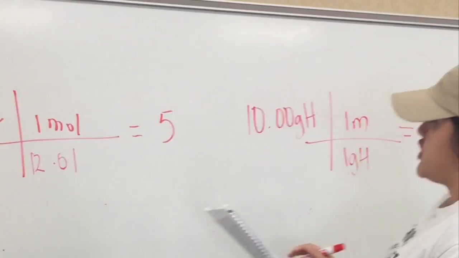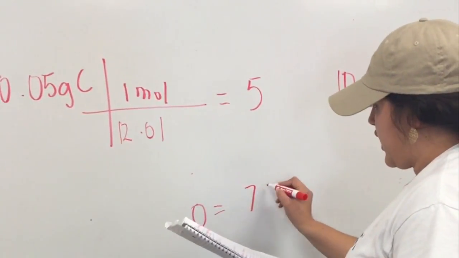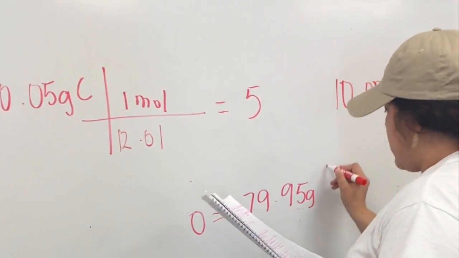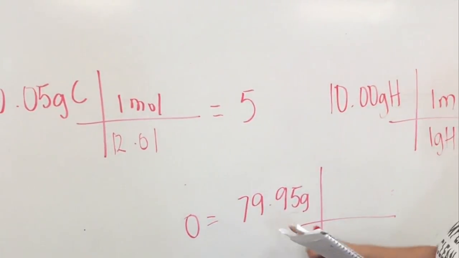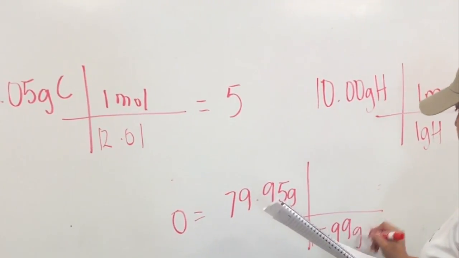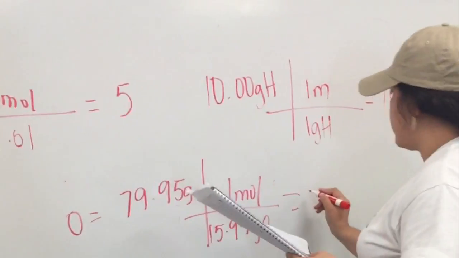And then for oxygen, it's 79.95 grams, and then the mass of just one oxygen is 15.99 grams of oxygen. And then when you divide this by this, it's 5.